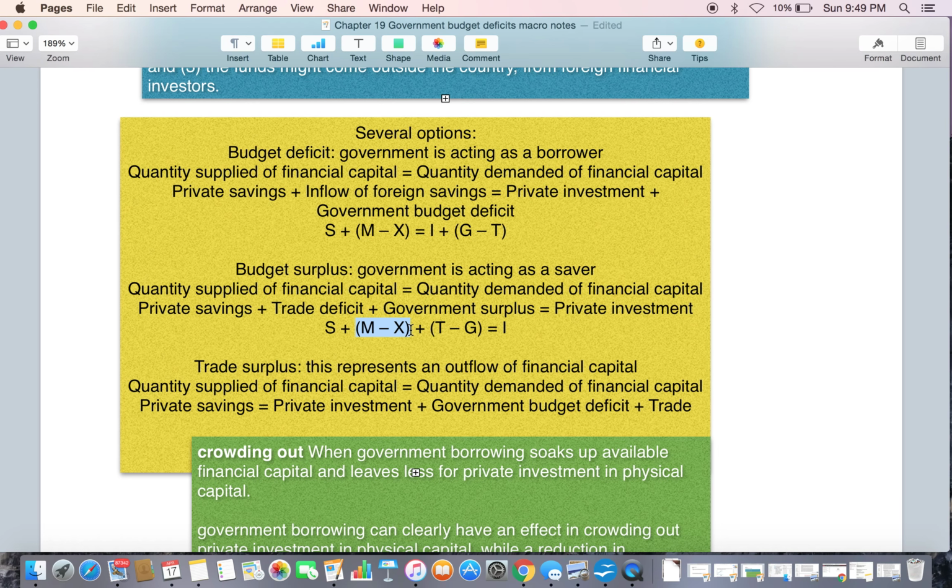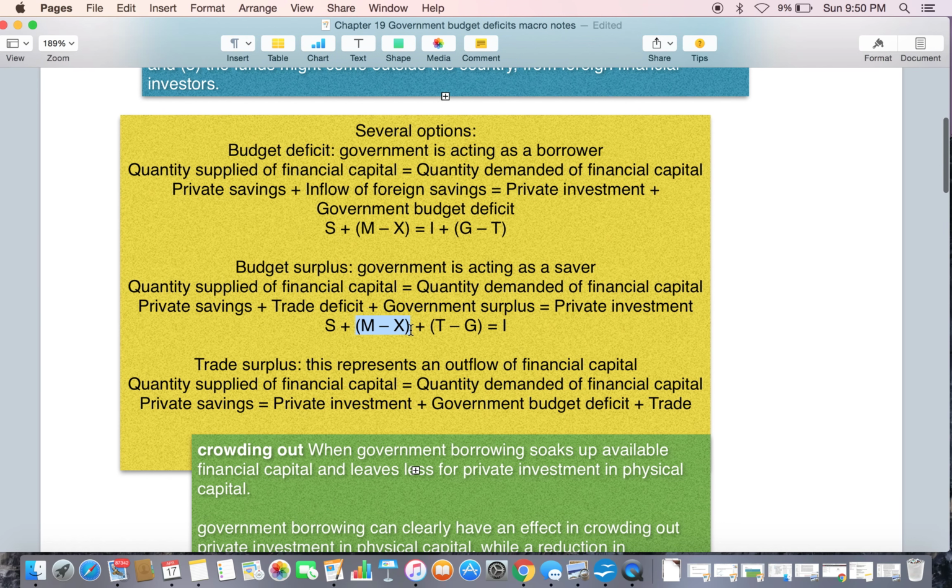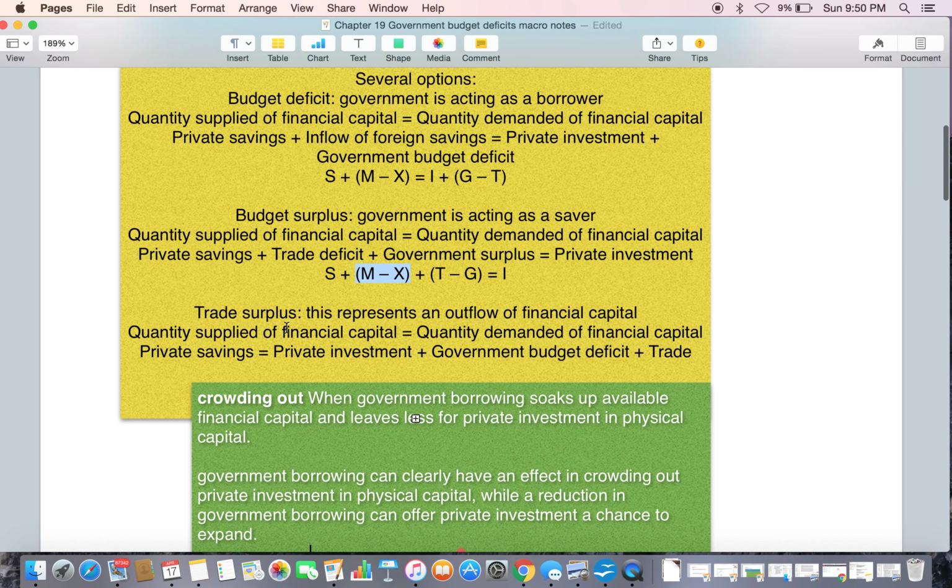And so we've shifted those variables from the right-hand side of the equation to the left-hand side of the equation. And therefore, the only demanders of financial capital are going to be businesses who are performing private investment. And the next way we can think of a different scenario would be what happens when we are running a trade surplus.